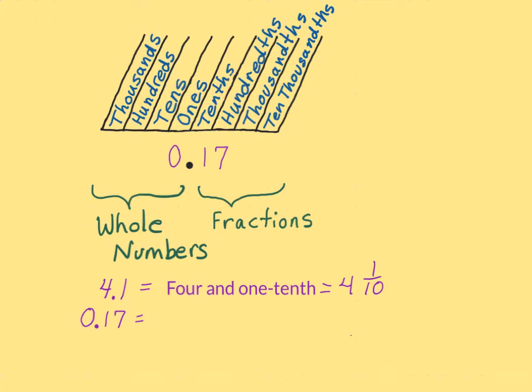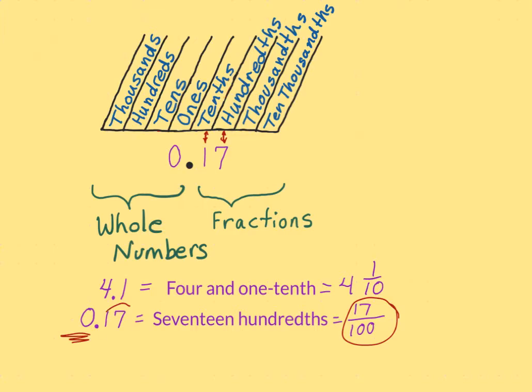Looking back up at our place value chart, the 1 is in the tenths place. The 7 is in the hundredths place. So we could read this as 17 hundredths and rewrite it as 17 hundredths in fractional form. Notice that the number we're talking about has no whole portion. There's only the fractional portion.